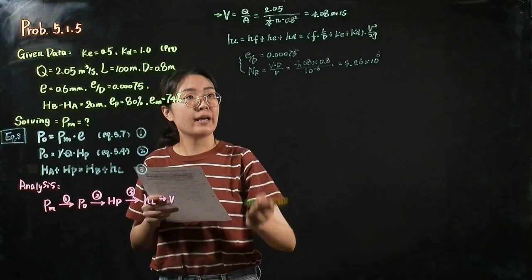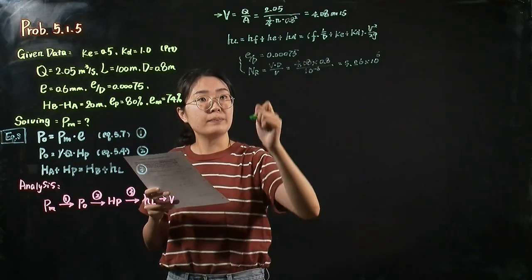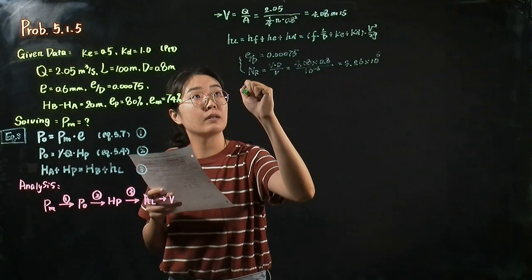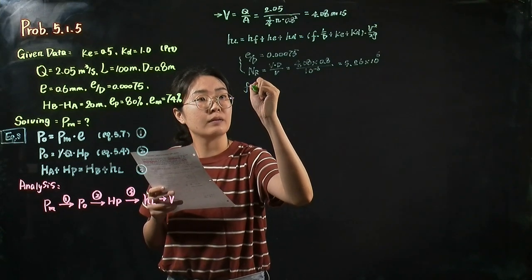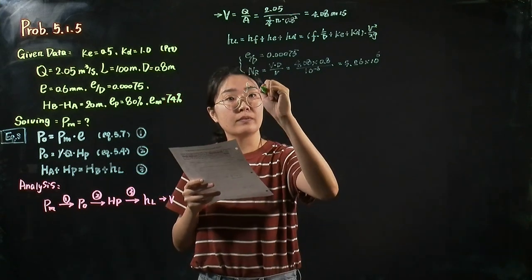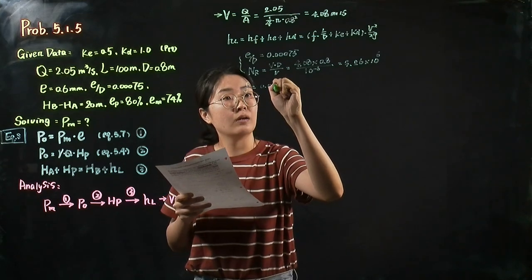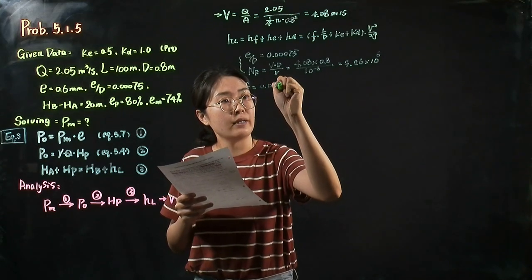After that, we can read the friction factor from the Moody diagram. It equals 0.0185.